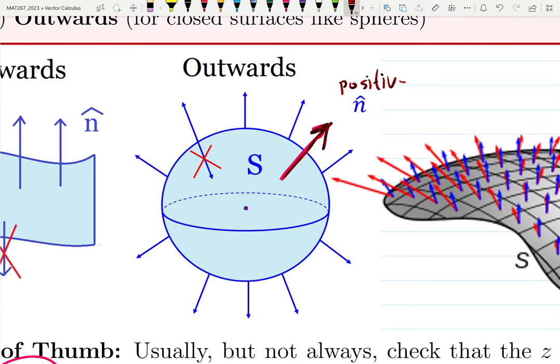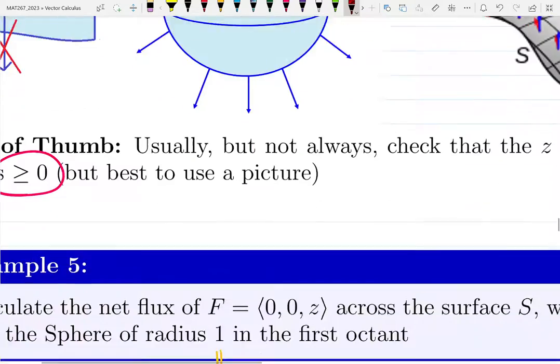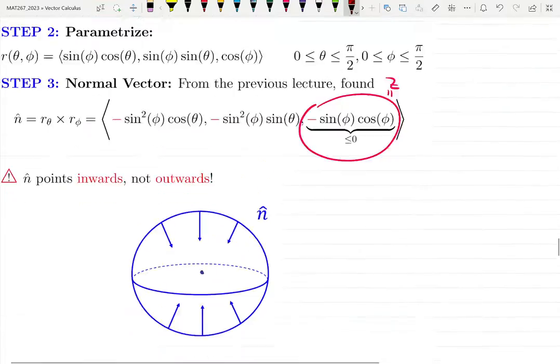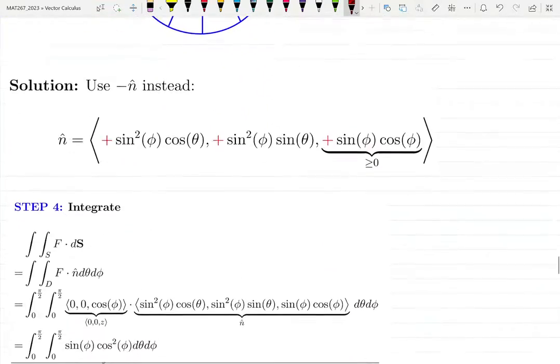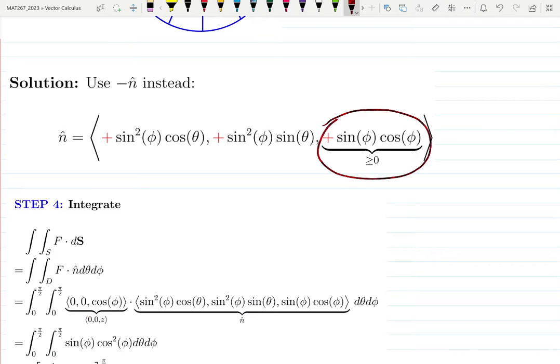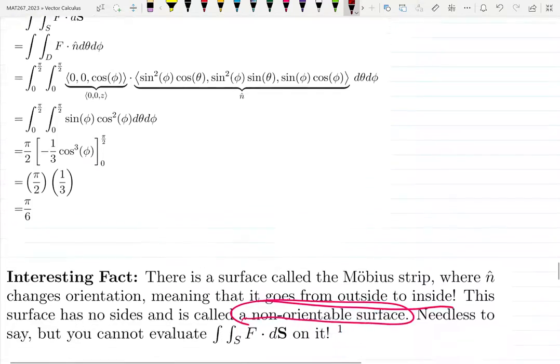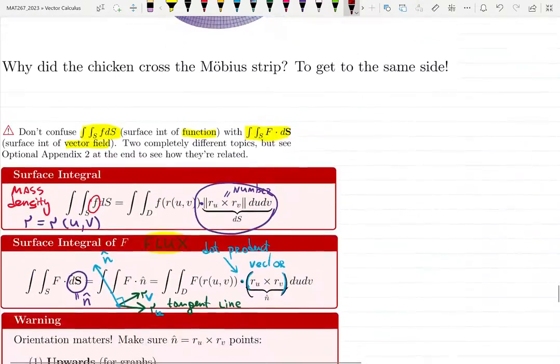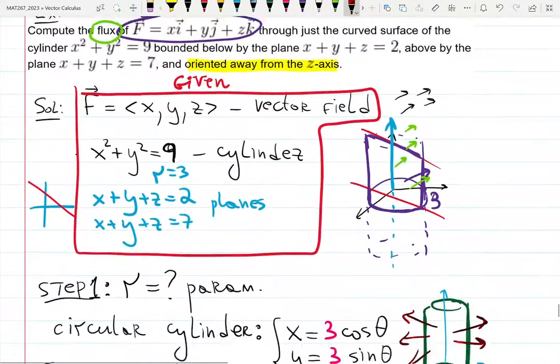So if they ask how much stuff is going in due to the gravity, then you just use minus again. That's not very hard. Again, maybe sketch the graph of that cross product. What does the cross product do? In general, we just keep checking if it's positive or zero, and if it's negative, we change the sign. That is the idea. There was an example in the homework when it was negative.